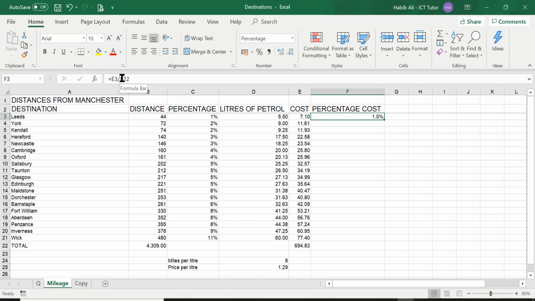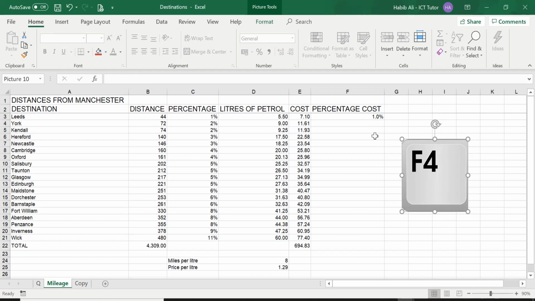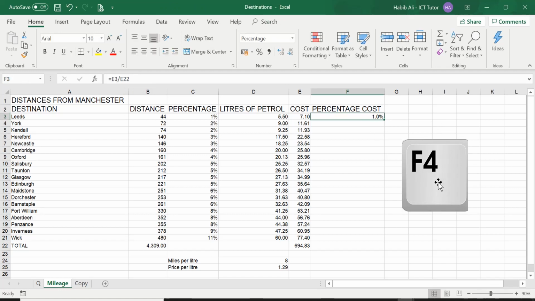So this time, instead of typing it in, I'm going to show you a quicker way using a function key, which will save you a lot of time. So you can use F4, which is one of the function keys located at the top of your keyboard. So simply all you have to do is in the formula bar where you've typed in E22, you just click anywhere near E22 and press F4, and what it will do is automatically put in the $ for you.